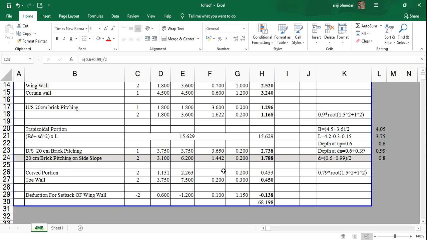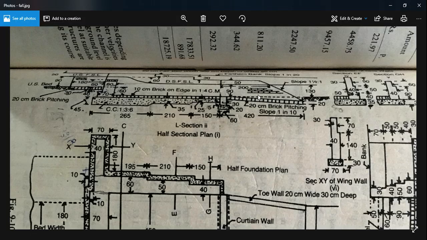We'll again apply the same rule, that's 0.8 times root under 1.5 square plus 1 square.